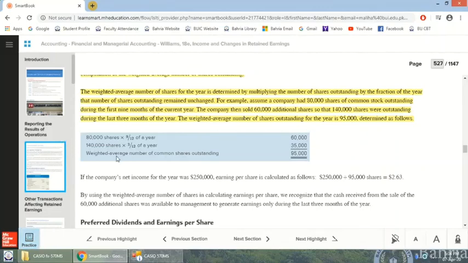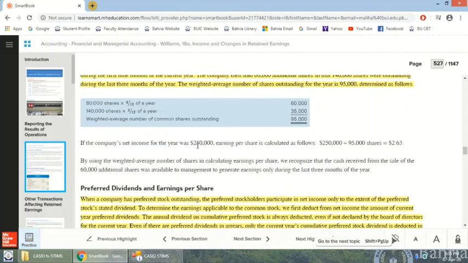And then 140,000 for 3 months, because now the amount of shares has increased. It's no more 80,000, it's in fact 140,000. With this increase, you multiply it by 3 months, because that is how long the amount was 140,000. Now you can add both values, and this is known as the weighted average number of common shares outstanding.